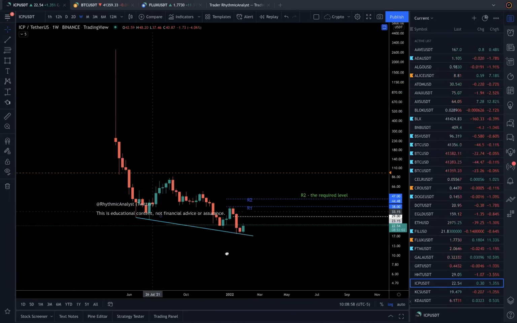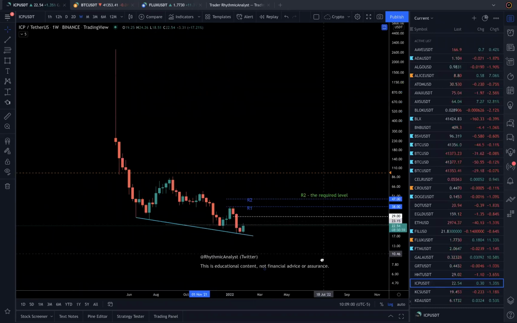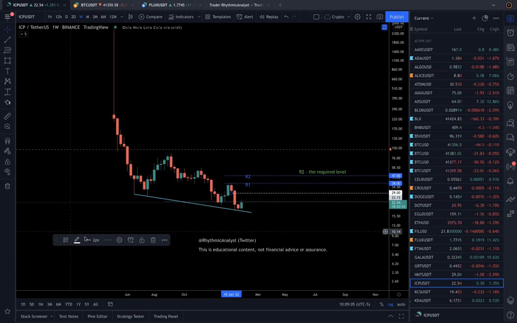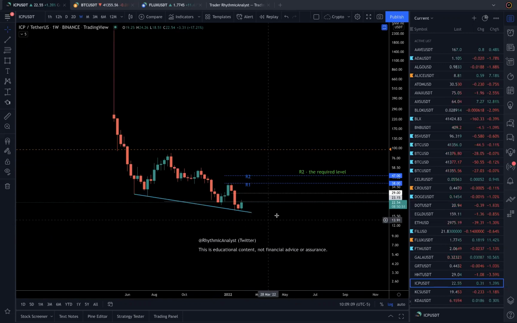ICP is another coin which I think is for 2022 potentially, because there's no guarantee, of course, but I think this is a good use case. What I don't like about proof of stake coins is that they print a lot of coins and then disperse them to all the early investors, the private round and all that.